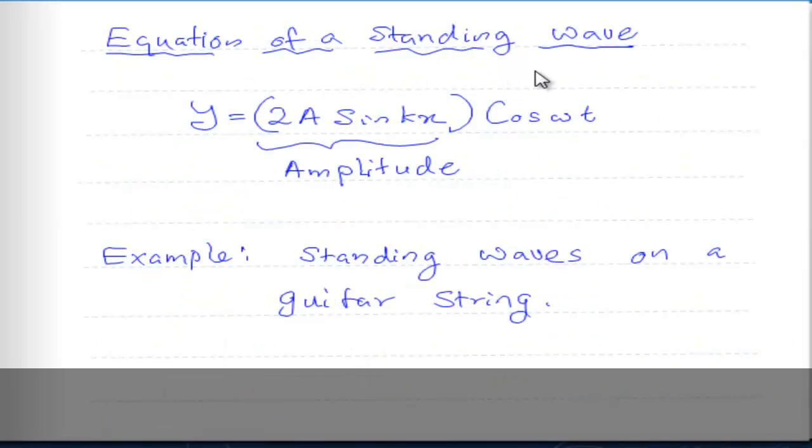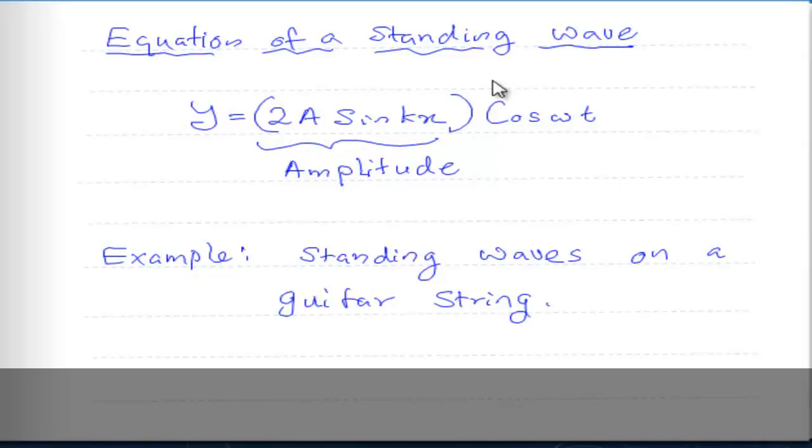The equation of such a wave is given by y = 2a sin(kx) cos(ωt). So y is the displacement at any given point on the wave, and you can see the cos(ωt) term, where ω is the angular frequency, is multiplied by a factor 2a sin(kx).